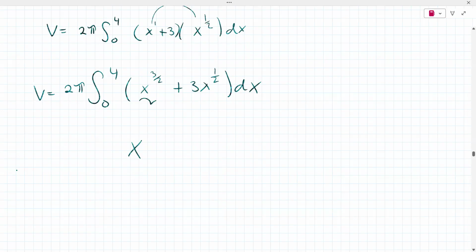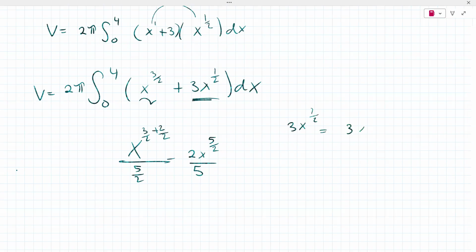For x to the 3/2, it's just add 1 to the power, which gives you 2x to the 5/2 over 5. And the integral of 3x to the 1/2? It's power 1/2 plus 1, which is 3/2, and that gives you 2x to the 3/2.